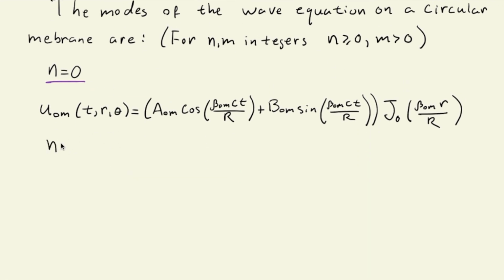For n greater than 0, then we get a sine mode and a cosine mode. Right? So u n m (t, r, theta).